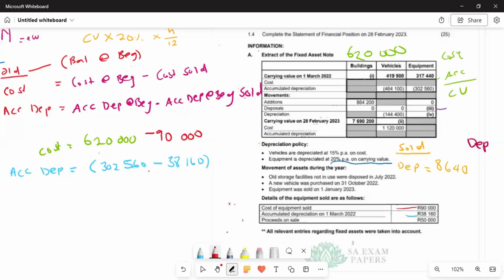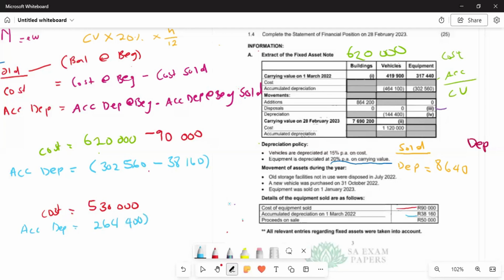So my cost for my remaining equipment, it's 530,000. And as for my accumulated depreciation for my remaining, it will be the 302,560 minus 38,160, which is equal to 264,400.